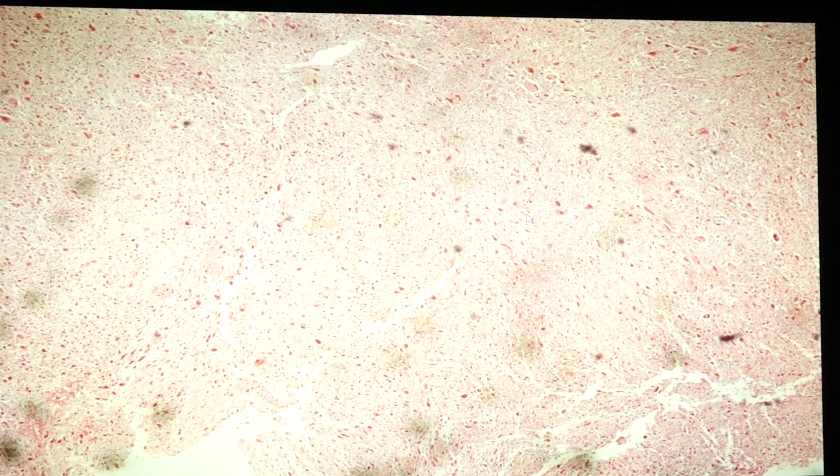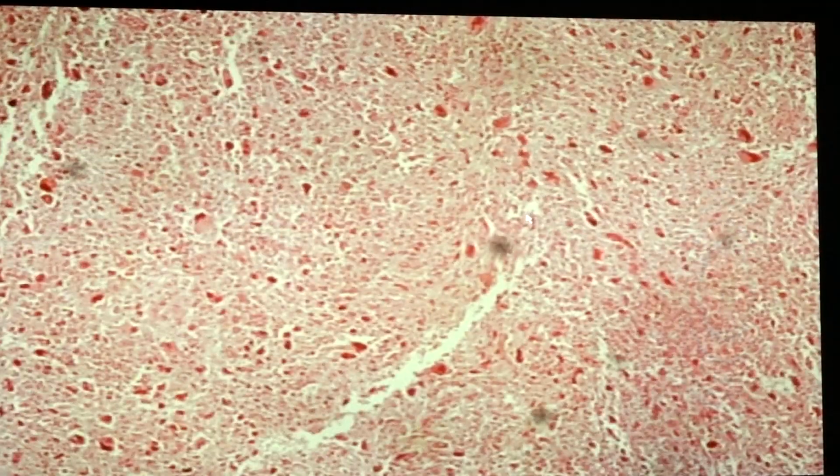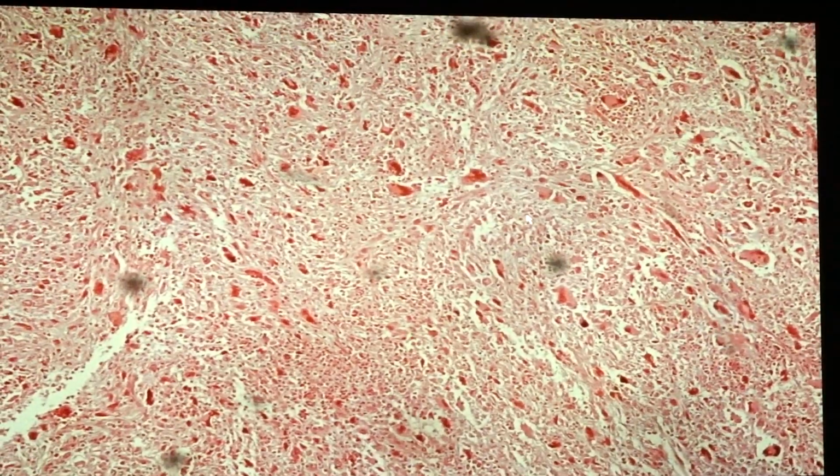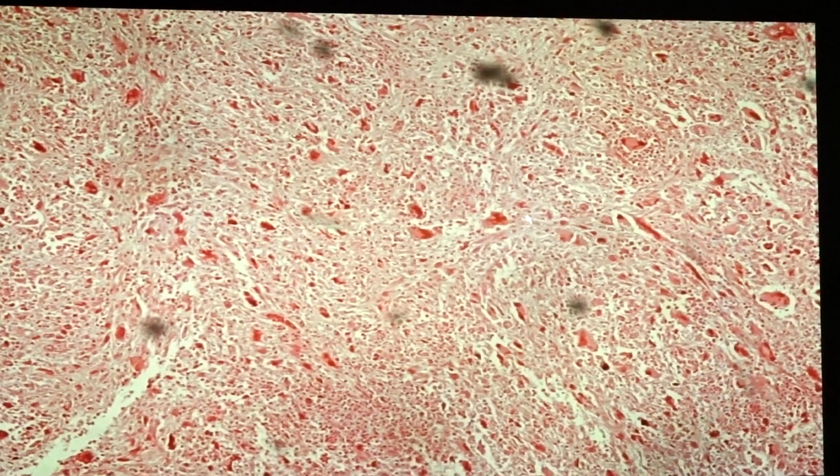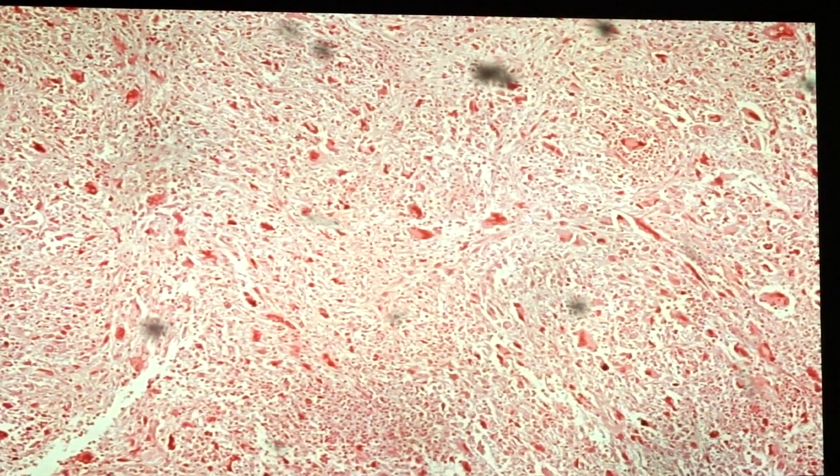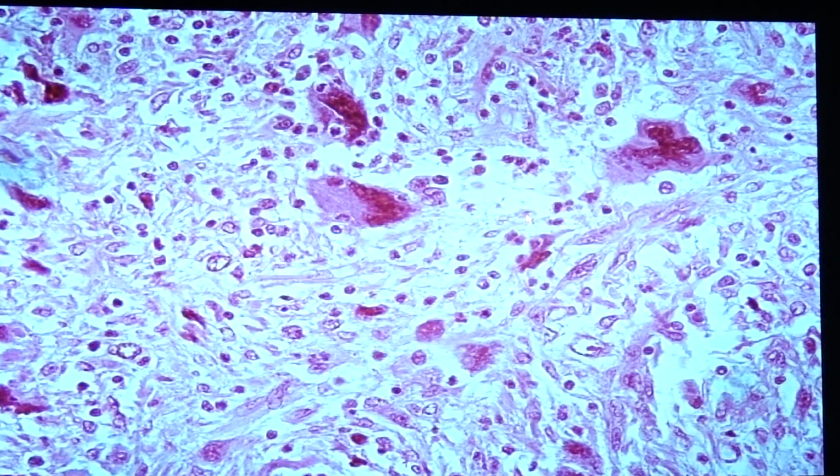These atypical cells are rhabdomyoblasts, and this is of the pleomorphic type because we have 3 variants for rhabdomyosarcoma. We have the pleomorphic, the embryonal, and the alveolar. So this would be the pleomorphic because histologically we would see the presence of large cells like this.